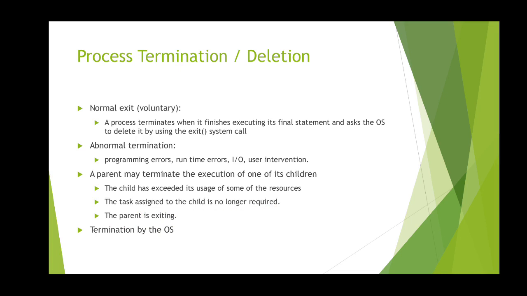At such times the parent may terminate the execution of the child process. And sometimes the operating system may terminate the process forcefully. This may be due to shutting down of the operating system, for example.